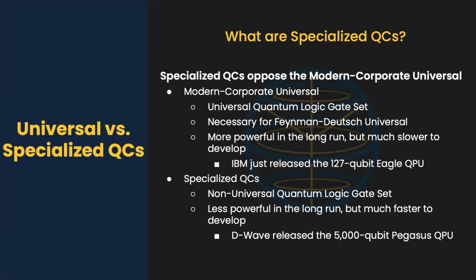As you can see here, IBM just released their 127 qubit Eagle, but D-Wave already has a 5,000 qubit Pegasus. So there's significantly more power in the specialized quantum computers. However, they're not universal. They don't have a universal quantum logic gate set, which basically means they can't do every problem. So they're powerful, but only in the specific problems that they're made for.